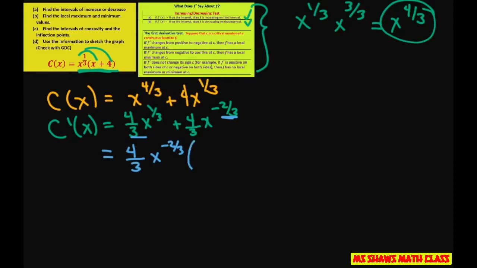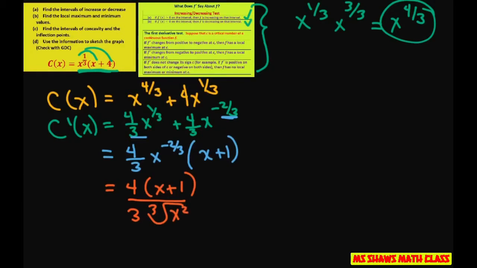And that's going to give us x plus 1. And that makes it easier to determine where it's positive or negative. I can rewrite this as 4 times x plus 1, and 3 goes in the denominator, times the cube root of x squared.